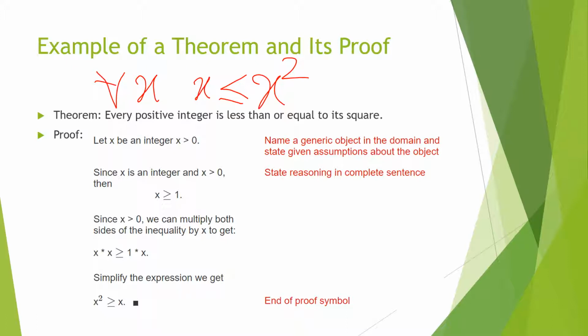What is the domain here? It's the set of all positive integers. Why? Because in the theorem, we say every positive integer, which means x belongs to the set of all positive integers.